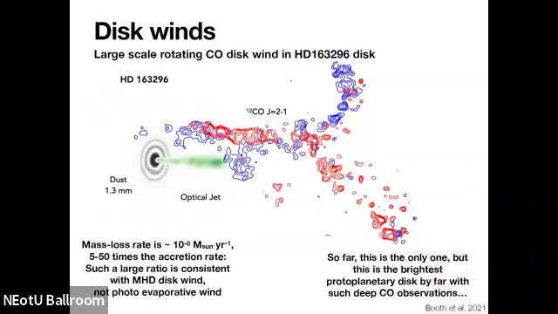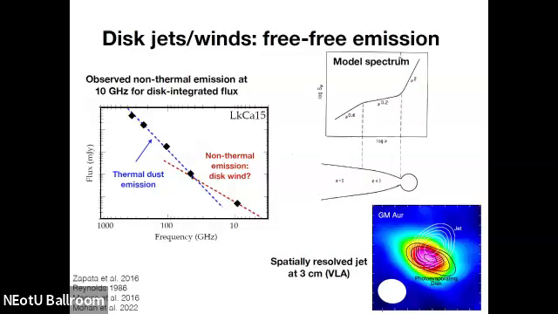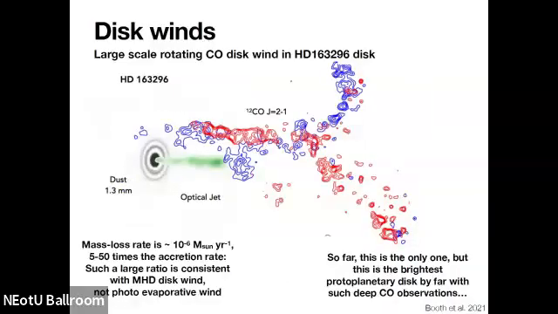So far there has been one very convincing observation of a disk wind, actually taken with ALMA. This is this rotating CO wind that you can see over here with these big lobes. Based on the mass loss rate that you can calculate from the CO emission, it was concluded this disk wind must be consistent with an MHD disk wind, not photoevaporation.